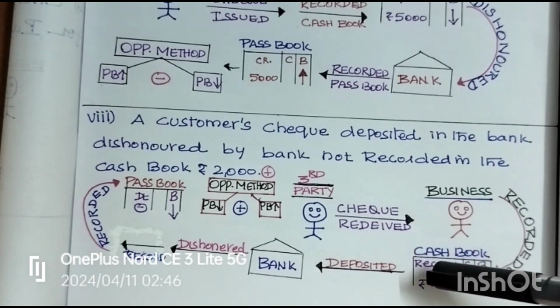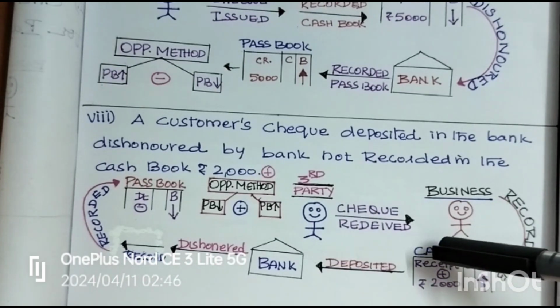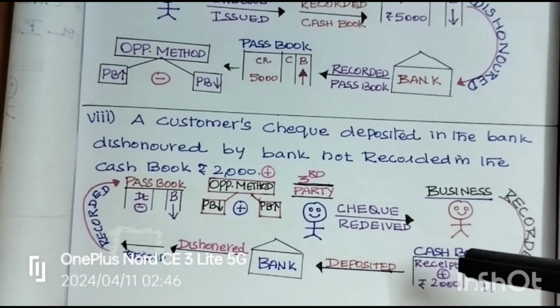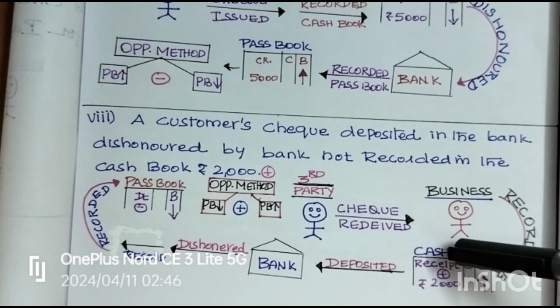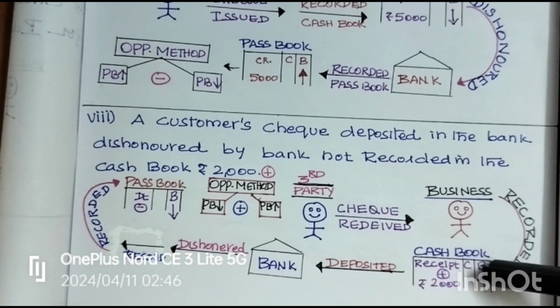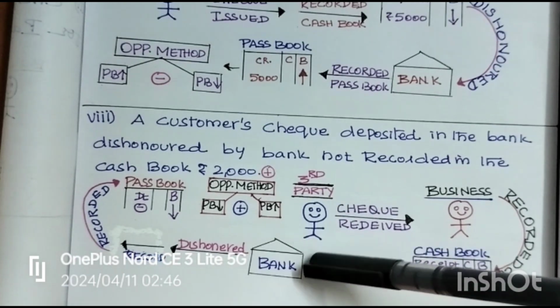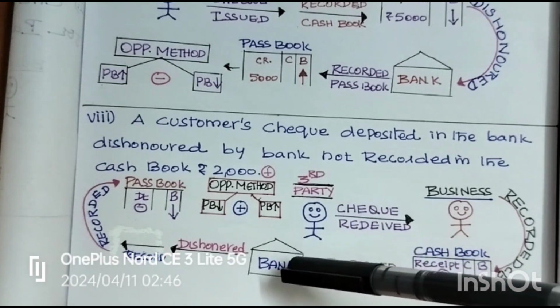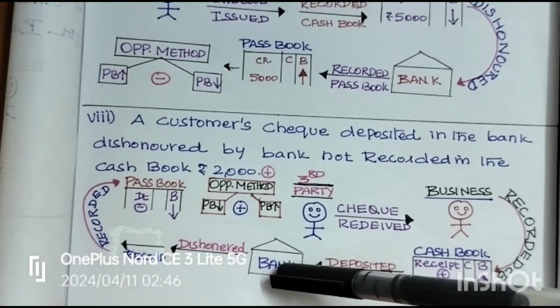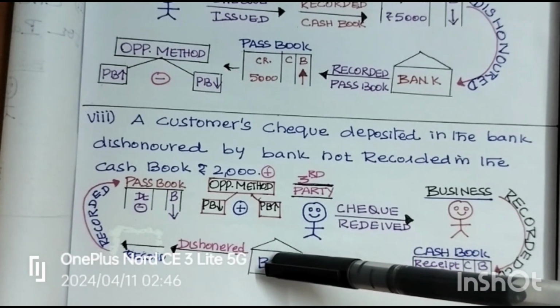So 2,000 rupees increased in your cash book. On the cash book receipt side, bank column, 2,000 rupees is entered, and then you went to the bank and deposited that 2,000 rupees check into the bank.